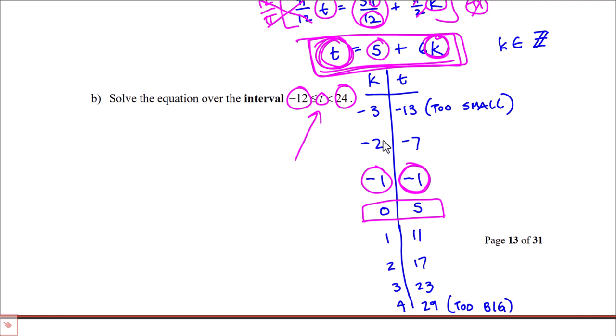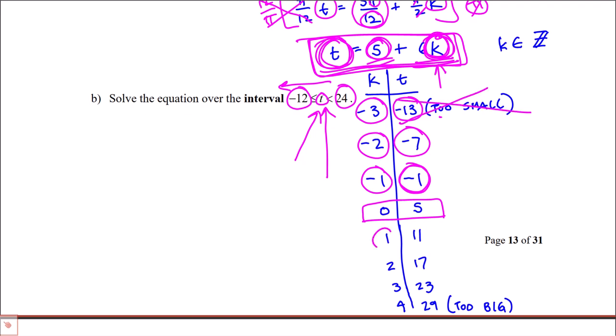If I plug in negative 2 for k, that's going to be negative 12, plus 5 is negative 7, and that's still in between these two. But if I plug in negative 3, this will become negative 18 plus 5 is negative 13, and that's too negative or too small.